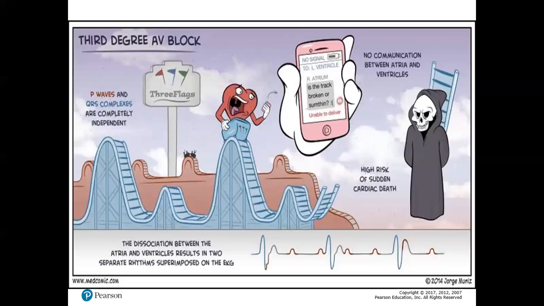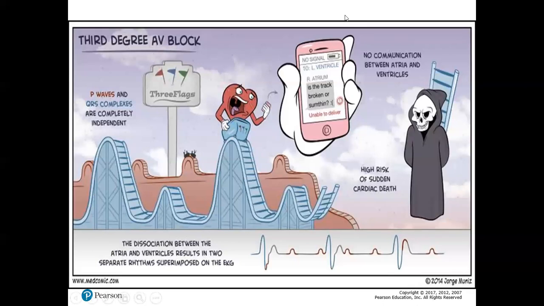These people will progress to cardiac arrest and possible death. So what's happening with that third degree block is you have no communication between the top part of the heart and the bottom of the heart, between your atria and your ventricles. There's no communication to cause that heart to beat.